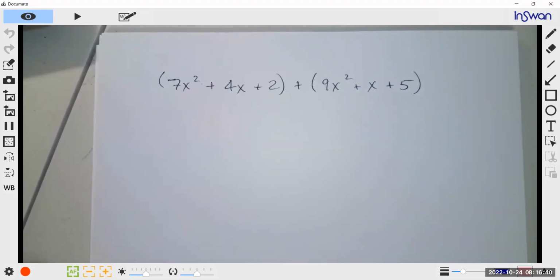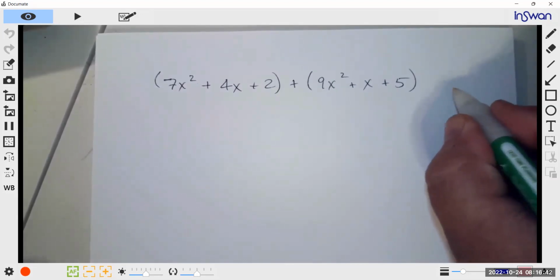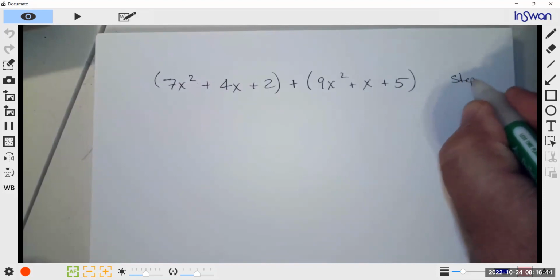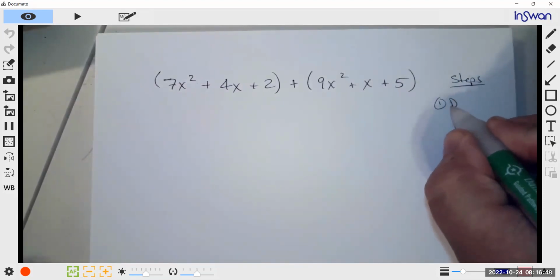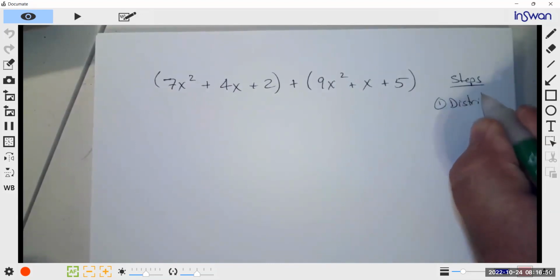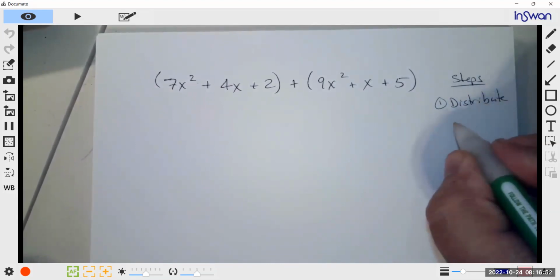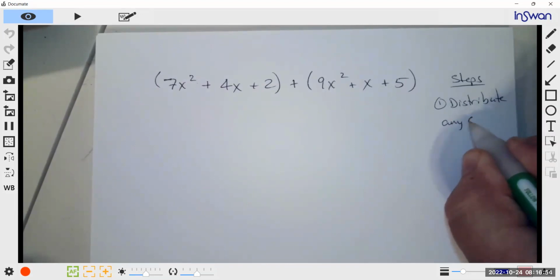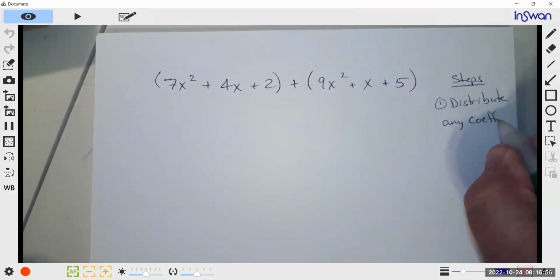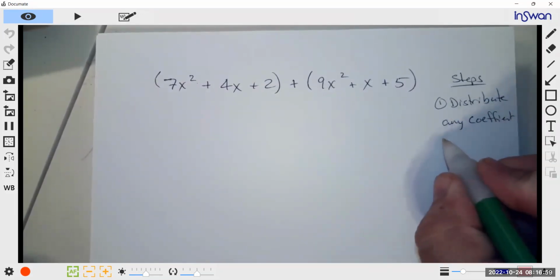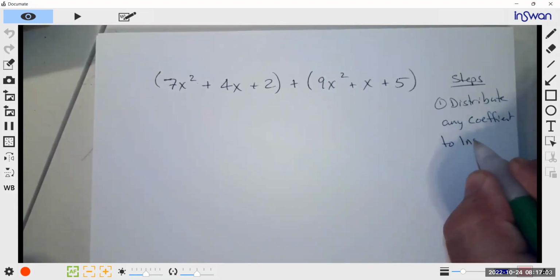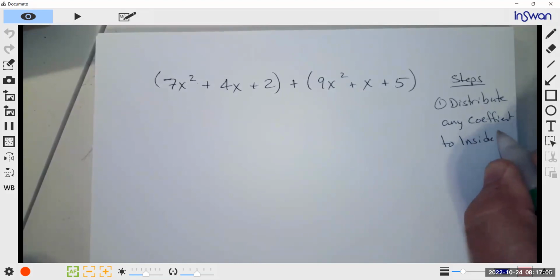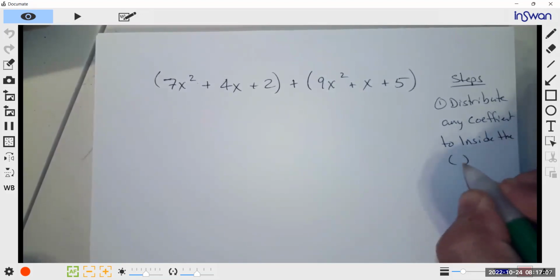So here are the steps. Distribute any coefficient to inside the parentheses.